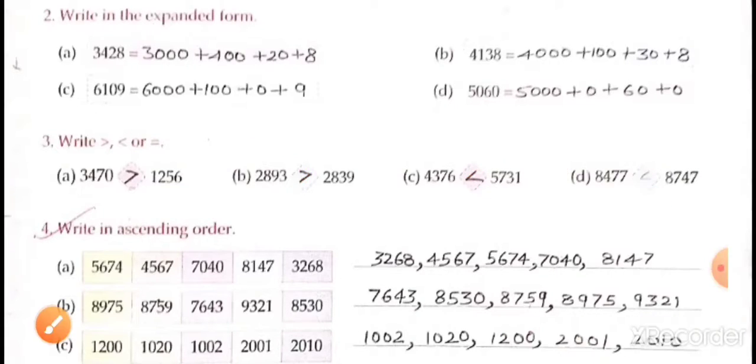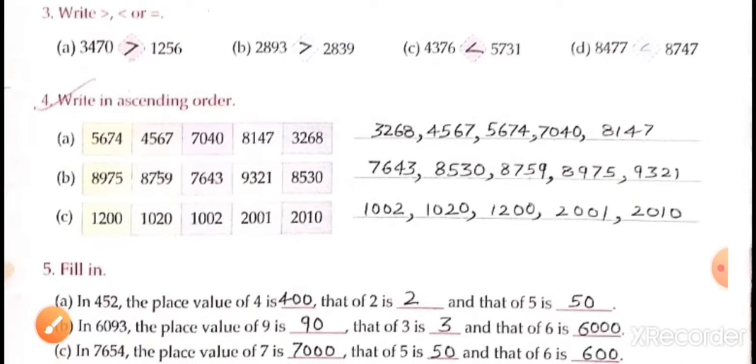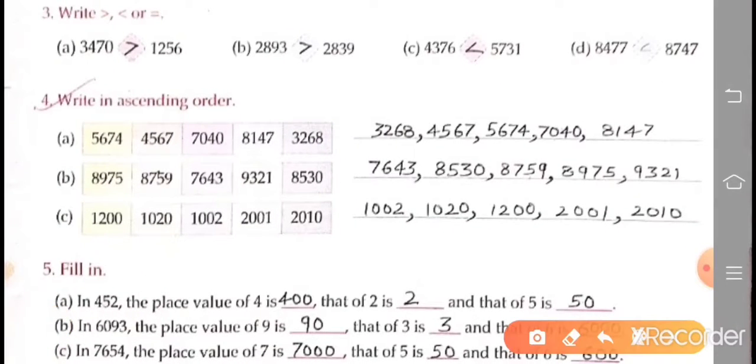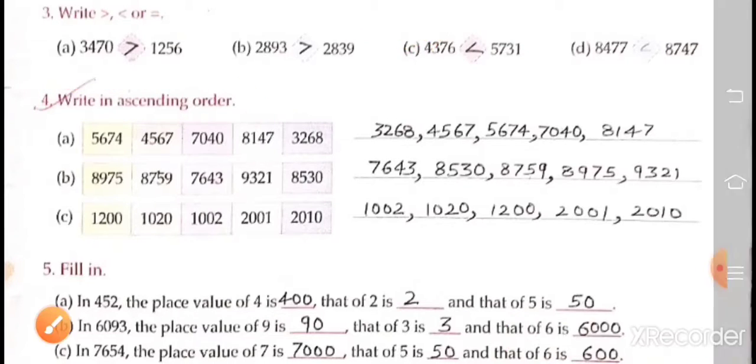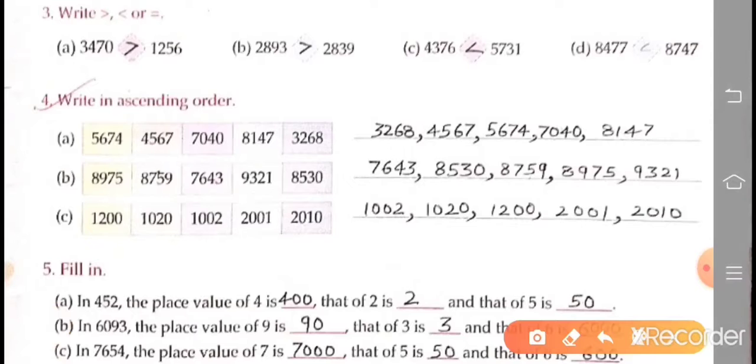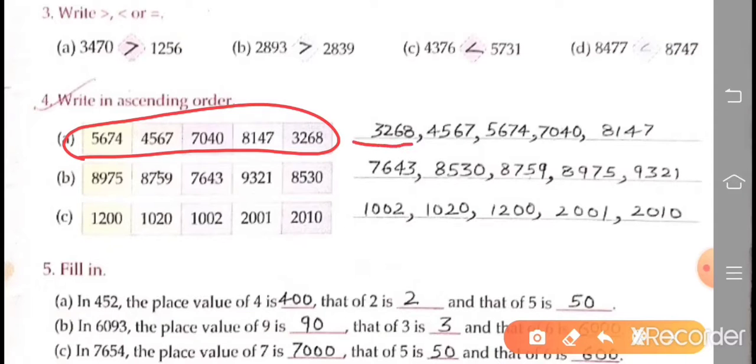Okay. Now question number 4, write in ascending order. Ascending order means increasing order, that is, smallest to largest. A part, 5 numbers are given here. So first we have to write the smallest number among these numbers. So 3268.